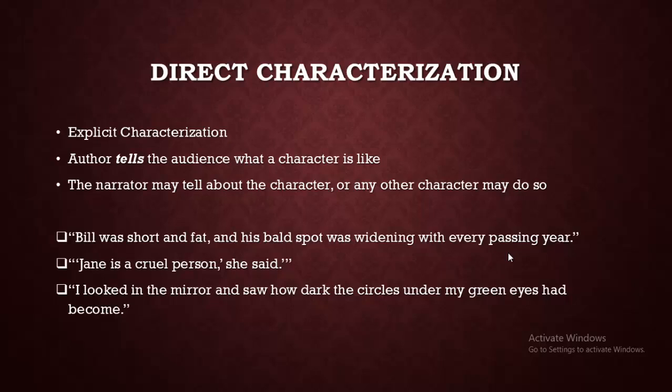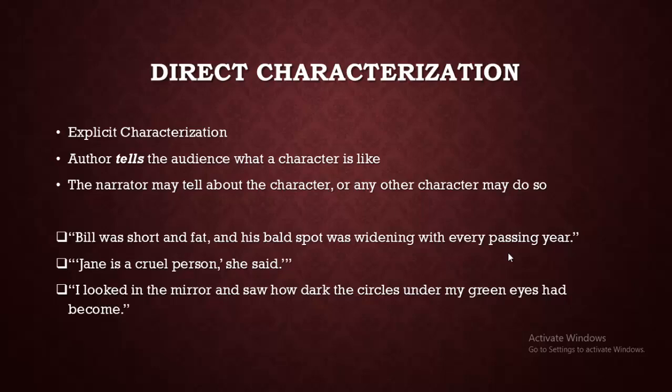So the author or the writer directly tells us, directly writes about what a character is like, or what his or her appearance is, or what his or her personality is. And this telling may be done by the narrator of the story. You might have studied that a story usually has a narrator, a person who is telling us the story.